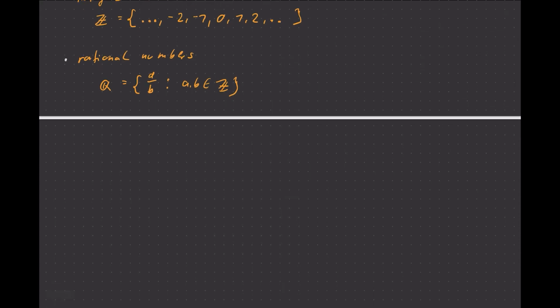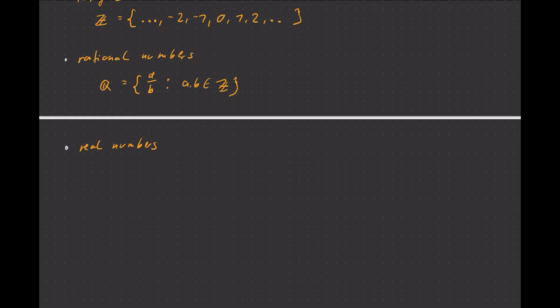The set of numbers that we will be mostly concerned with are the real numbers. And in addition to the fractions, those also include irrationals. So, for example, square root of 2 or pi or Euler's number e.